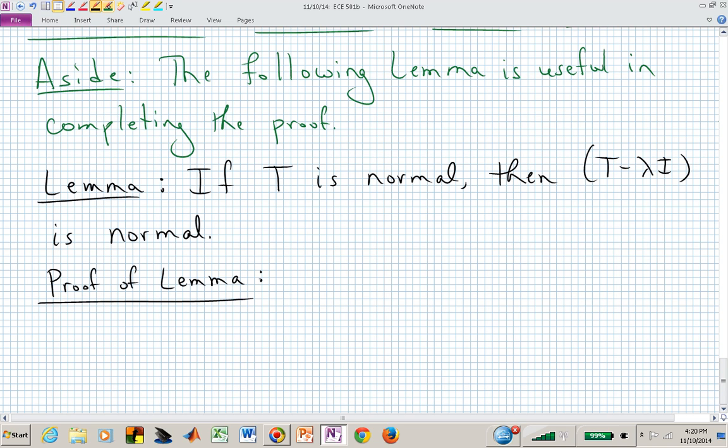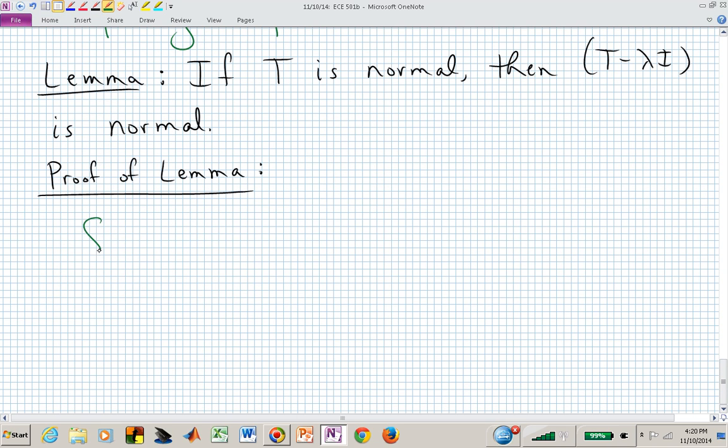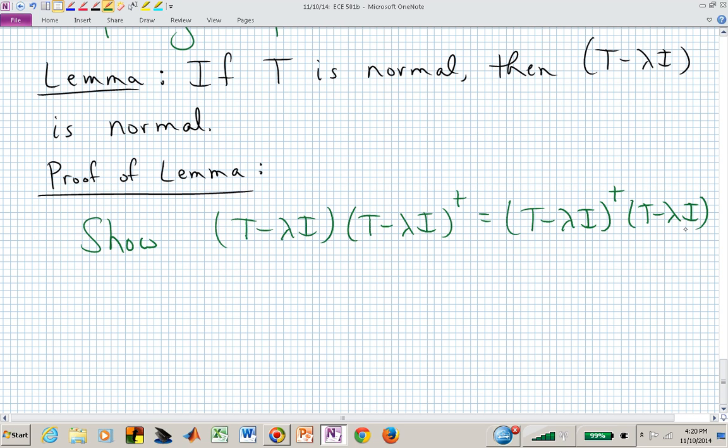To prove this lemma, all I'm going to do is show that (T minus lambda I)(T minus lambda I) dagger is the same as (T minus lambda I) dagger times (T minus lambda I). What we're saying is that T minus lambda I is normal, or commutes with its adjoint.